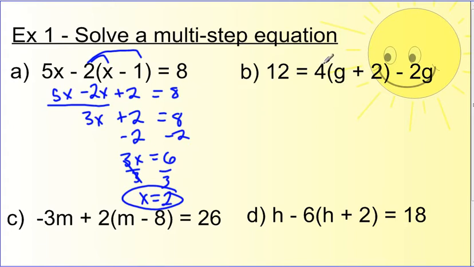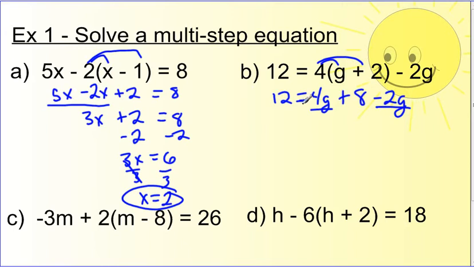Okay, let's see. Letter B. Parentheses. So you've got to get rid of them by distributing. 4g plus 8 minus 2g equals 12. Keep everything lined up. Combine like terms. Well, nothing to combine over here. Over here I've got a 4g and a minus 2g. It's okay they're separated by the 8.